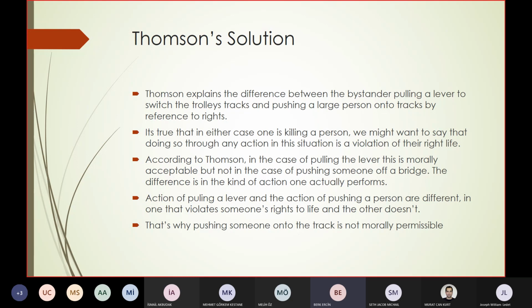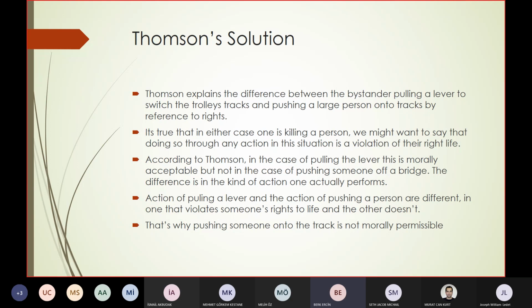Shoving a person is infringing a right of his, even if this doesn't result in any injury or death for the person shoved. Just pushing them off a bridge in itself violates a right of theirs.